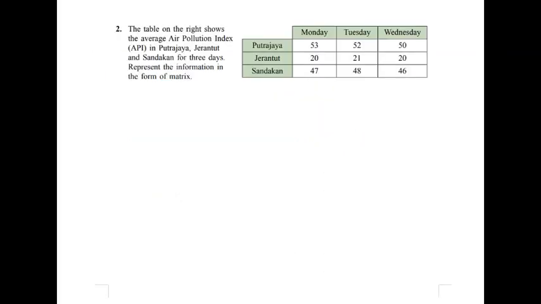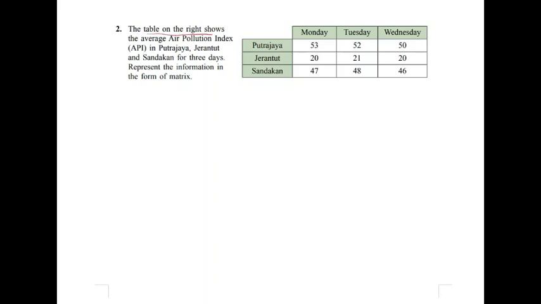We can write in row matrix 857, 3,180, and 211. This is a row matrix, or we also can write in column matrix like this: 857, 3,180, and 211.